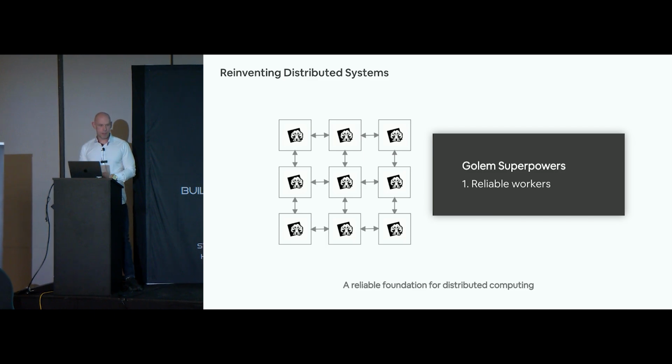Number one superpower you get from deploying your WASM components on Golem as opposed to somewhere else is you get reliable workers. And that definition of reliability is extremely strong. A reliable worker is a worker that will survive any sort of catastrophic external failure without any disruption in service or computation, though there'll be a bit of latency.